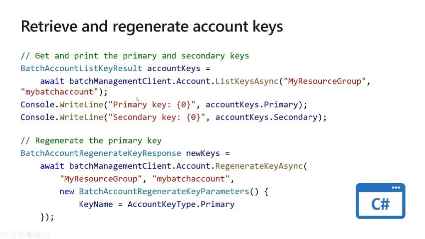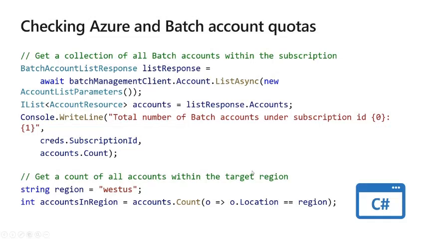If you want to list all the keys, you can do all the operations that we just did with the Azure portal. You can check the quotas using the accounts resource, and then in the account you can get credentials and account counts.